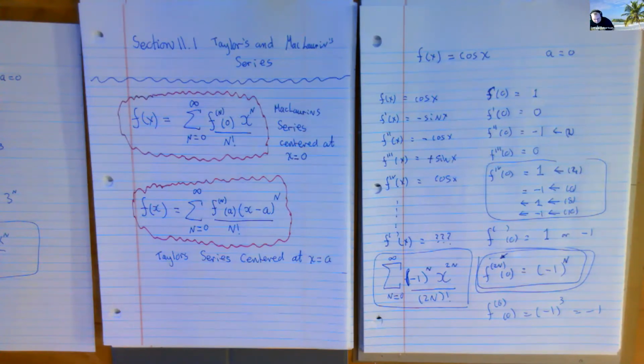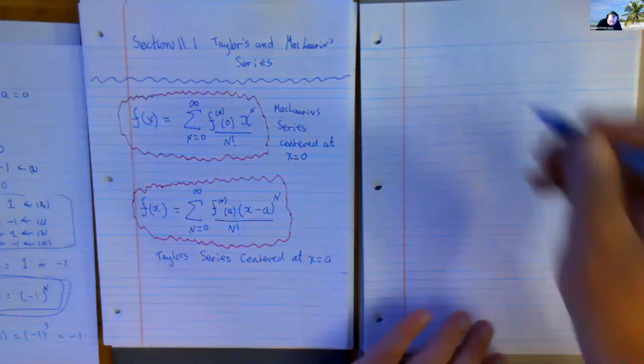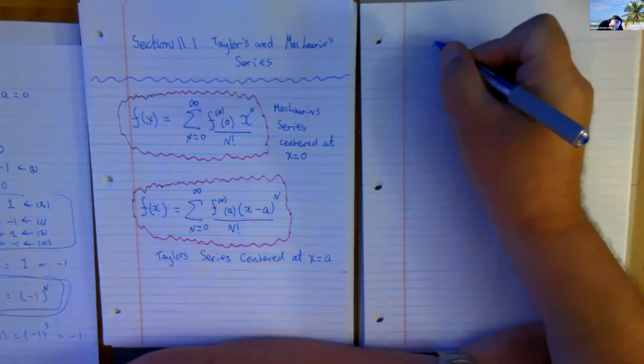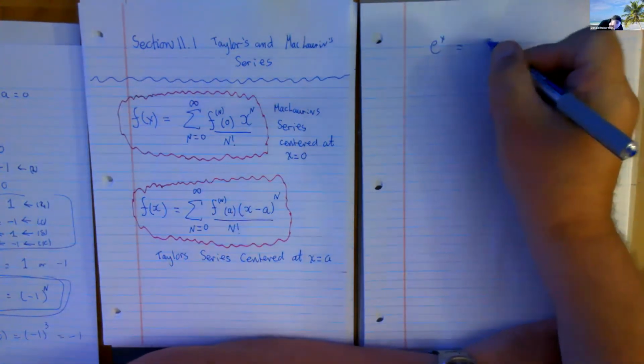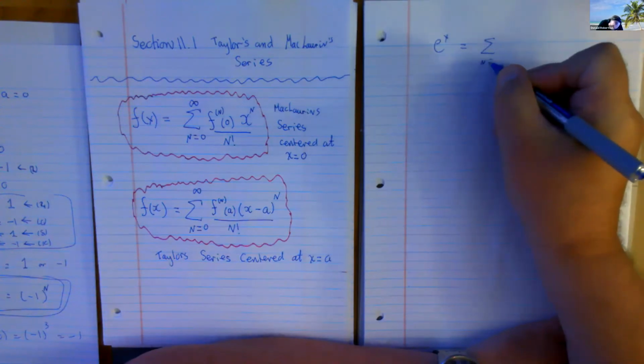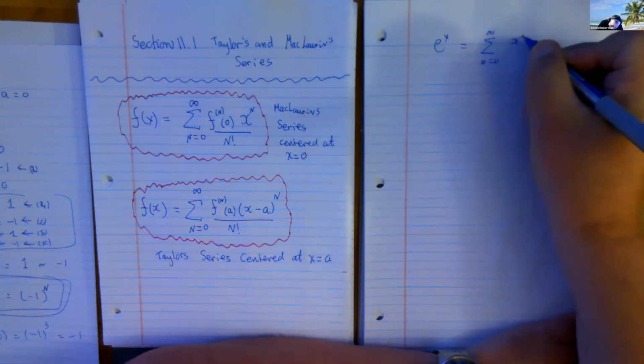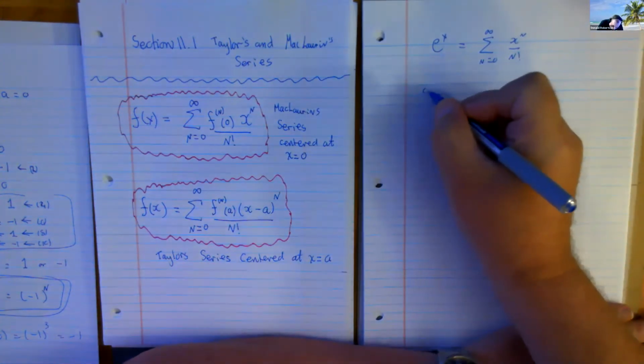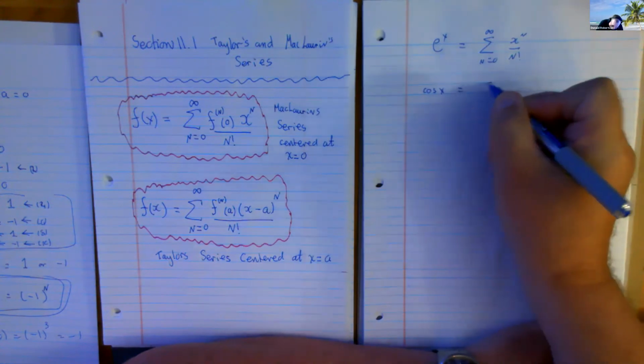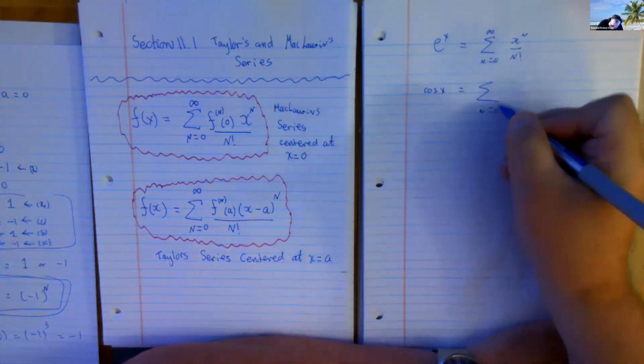If you did the sine function, but let's just show you some of them. E to the x is the only one that is actually, in my opinion, pretty easy to do. Cosine x is the one we just discovered.